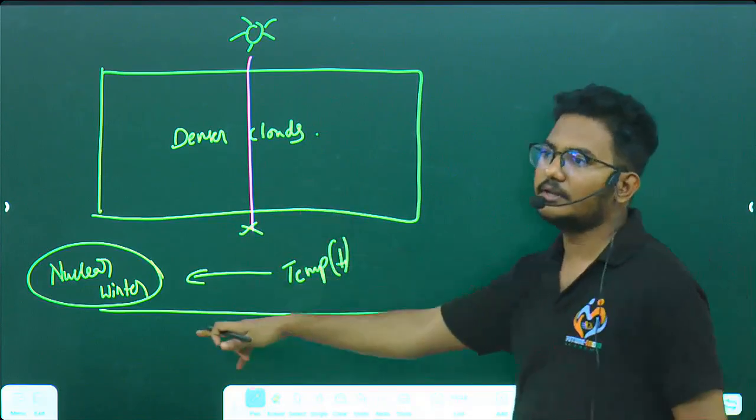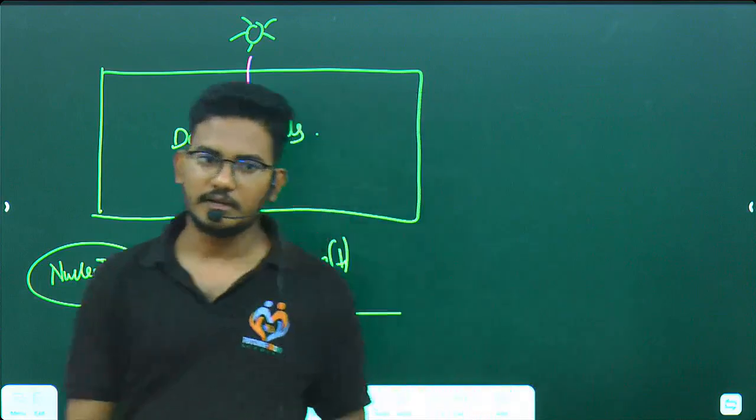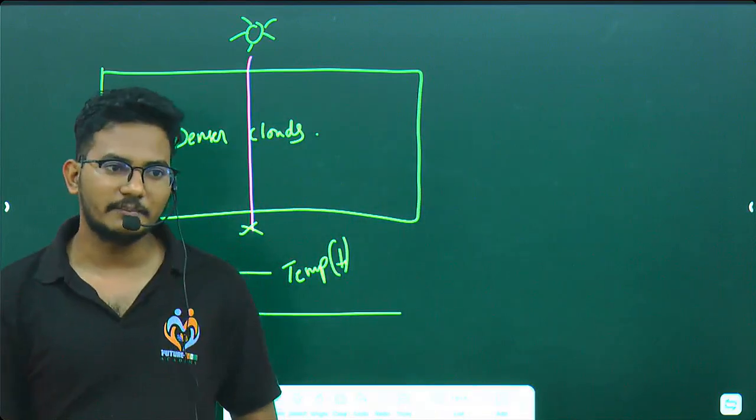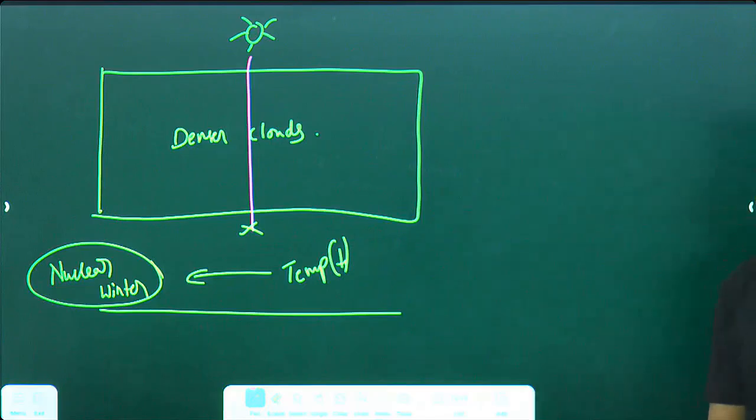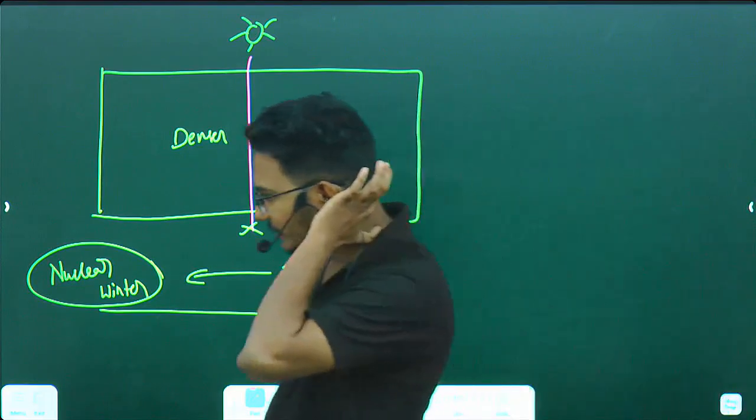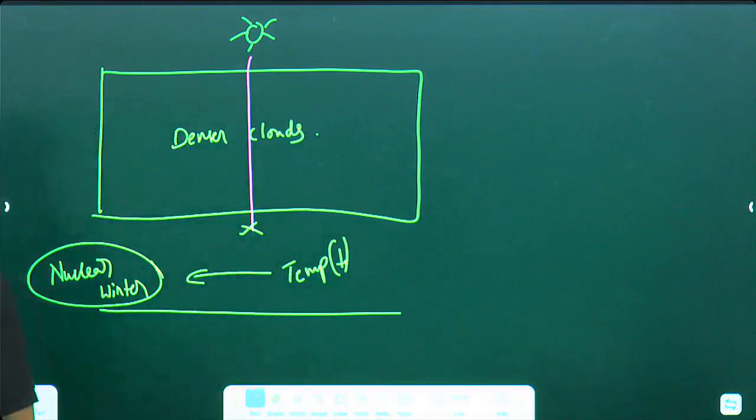This kind of winter is called nuclear winter. Okay, I'll dictate right now. Keep the heading as nuclear winter. Draw this diagram.